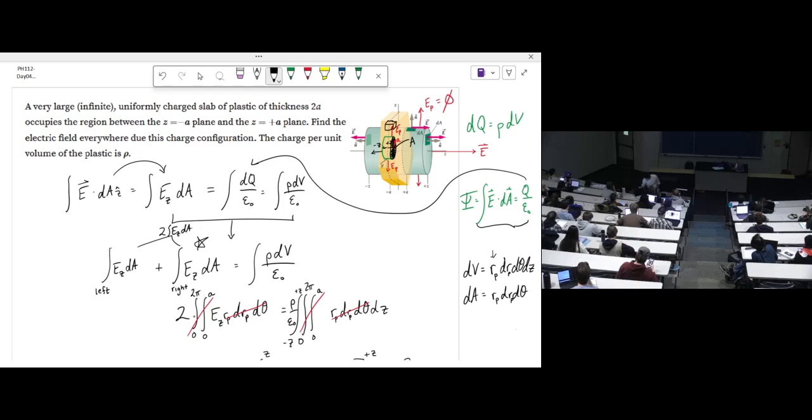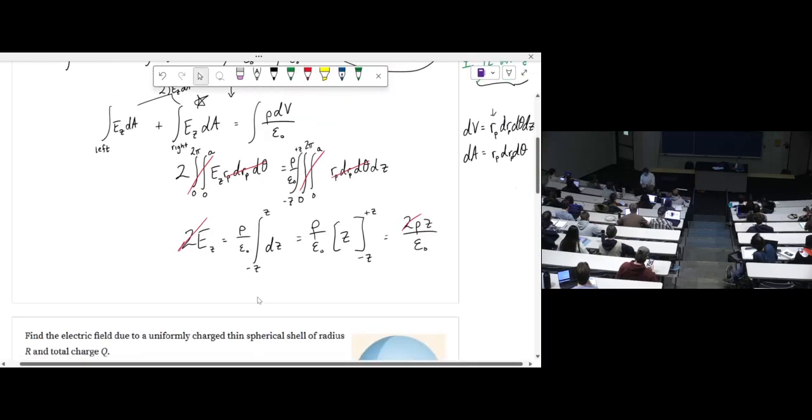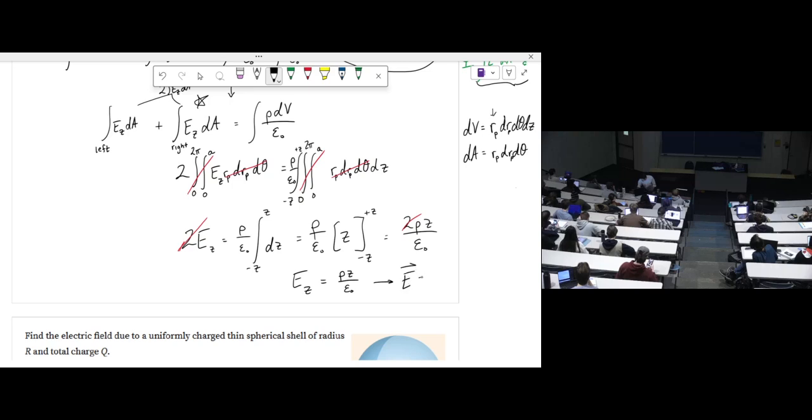So I need a factor of 2 out here, and I need a factor of 2 out here, and those two then cancel. And I get that the integral gives E sub z equals rho z over epsilon naught, or E as a vector is rho times z vector over epsilon naught. Yes?